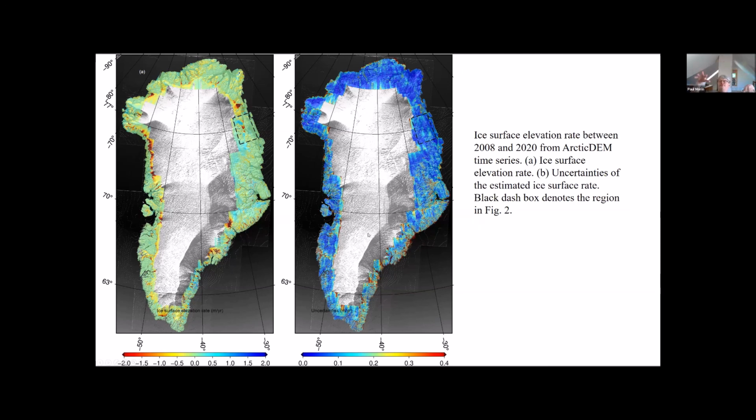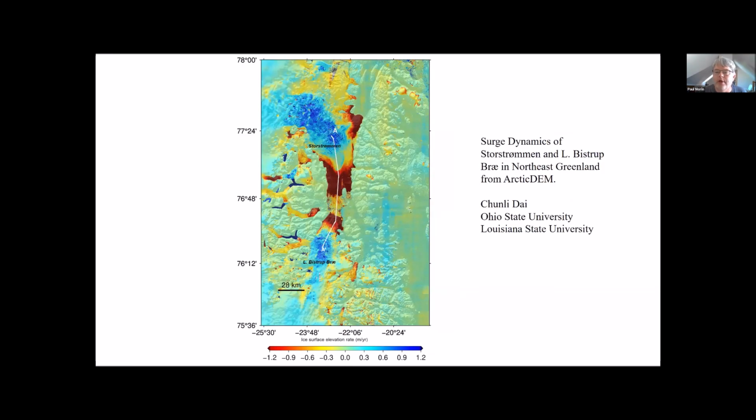It's just, as you go into the ice sheet, the error increases. And then you can start going into specific areas and you can see basically in meters per year, the change in the ice surface rate, basically on a meter by meter basis for the whole island.